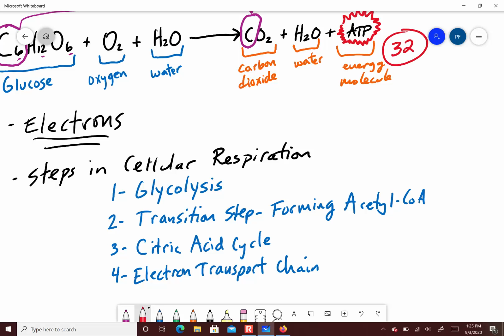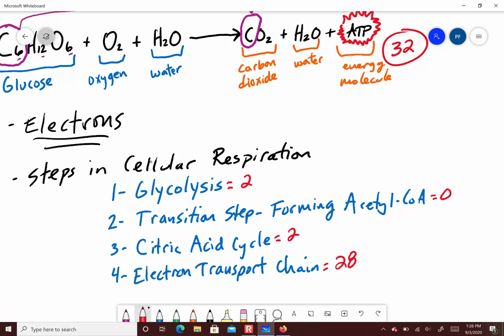So in these 4 steps we have listed, we're making around 32 ATPs. Glycolysis is going to end up making 2 of those. The transition step doesn't make any. The citric acid cycle makes 2 of those. So the electron transport chain makes about 28 of them.